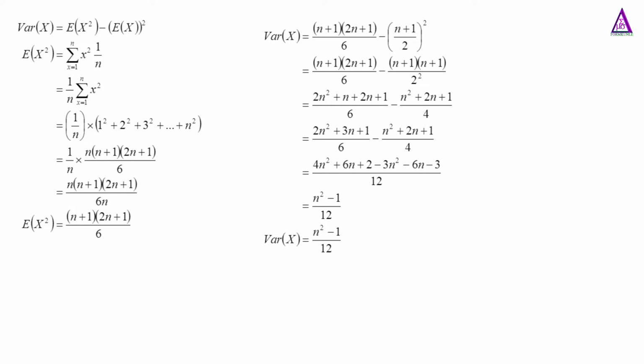So 4n² minus 3n², we have n², plus 6n minus 6n cancel each other, plus 2 minus 3 equals minus 1. So we have (n² − 1)/12. Our variance of x of discrete uniform distribution equals (n² − 1)/12.